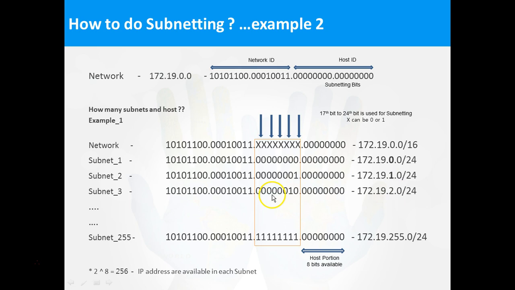And the third combination is 0, 0, 0, 0, 0, 0, 1, 0, which in decimal is 2. Similarly, you can go ahead and hit the combinations up to all ones. Beyond this, there is no combination. You convert these 8 bits into decimal, you will be getting 255.